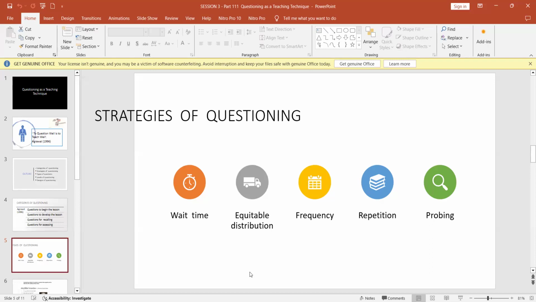But it's a must. If you want to use the technique of questioning very strategically or effectively, you have to make sure that questions are equally distributed among the students. So for that, literature says that the teacher can be very thoughtful about it. She can have a plan.